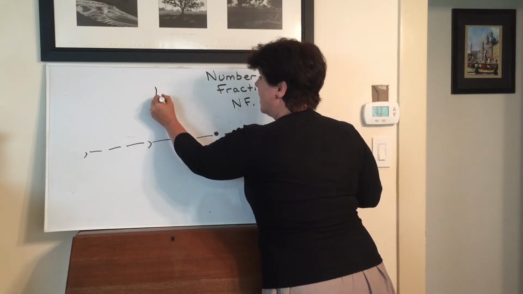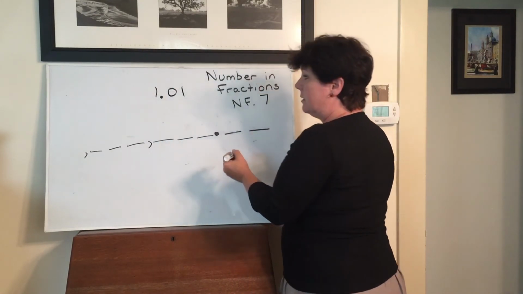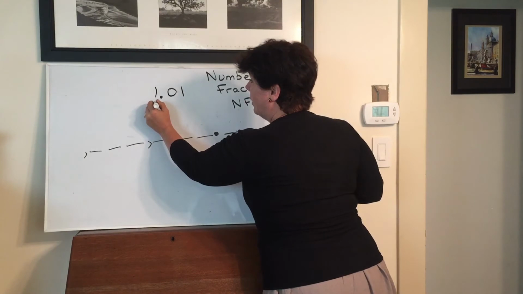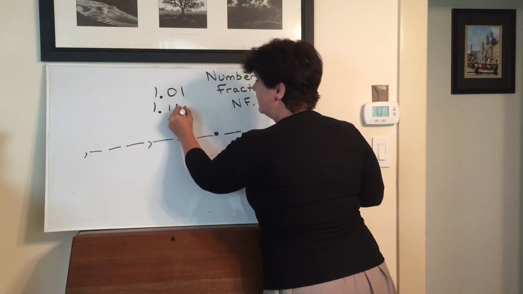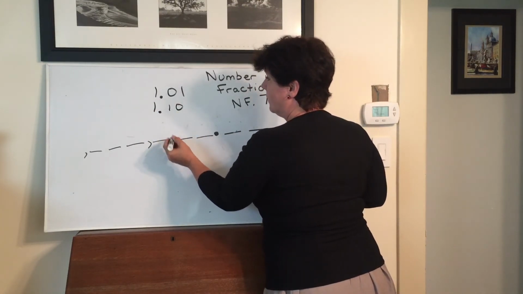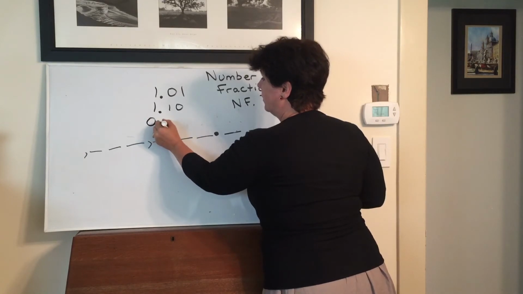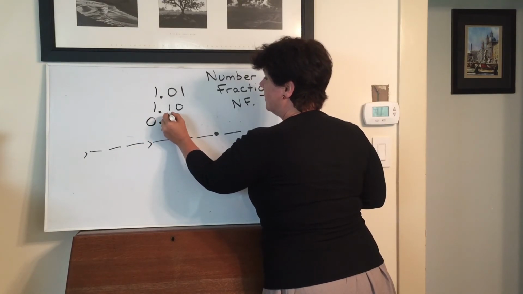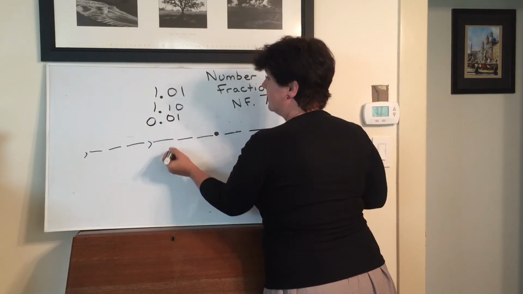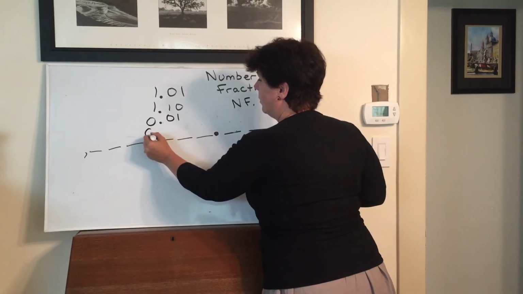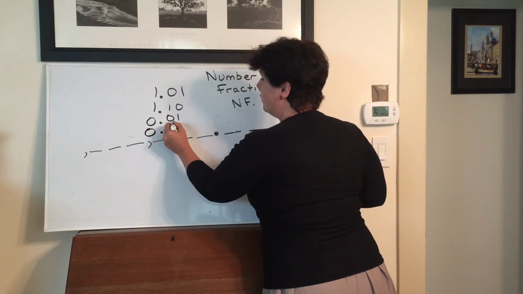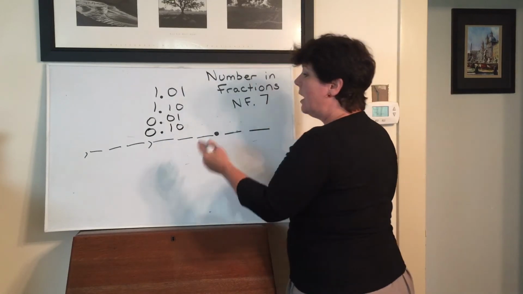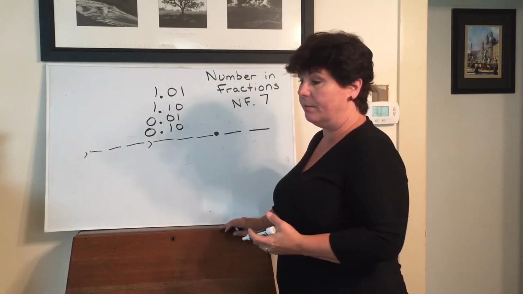They learned that if I were to talk about $1.01 or $1.10 or no dollars and 1 cent or no dollars and 10 cents, how could I order these and compare them?